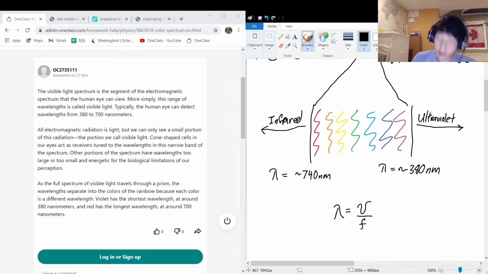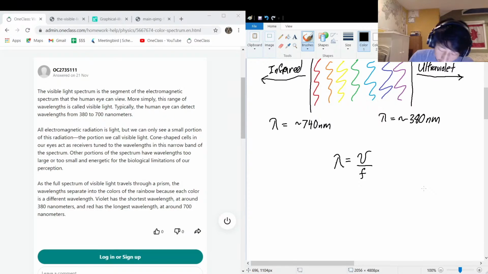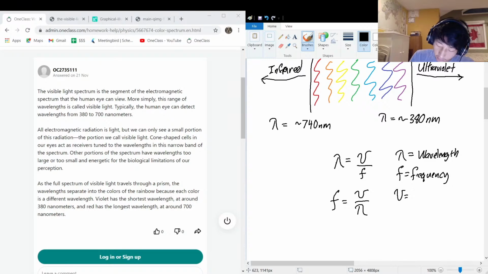Another way we could write this is frequency equals velocity divided by wavelength. So lambda is wavelength, f is frequency, and v is the velocity of the wave. In this case, it is c, which is equal to 3 times 10 to the 8 meters per second.